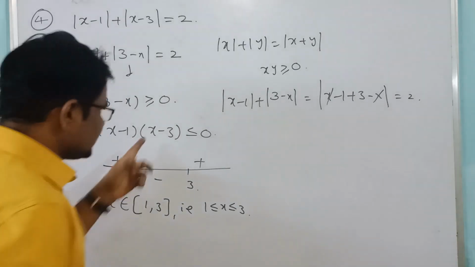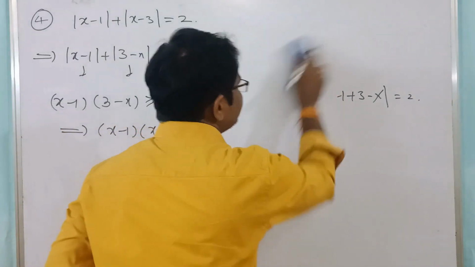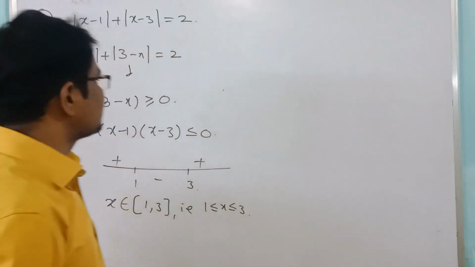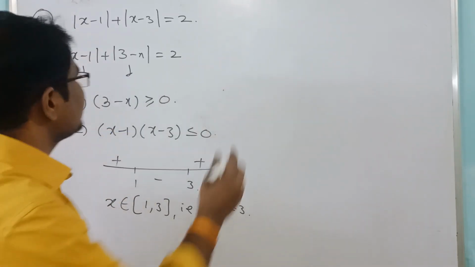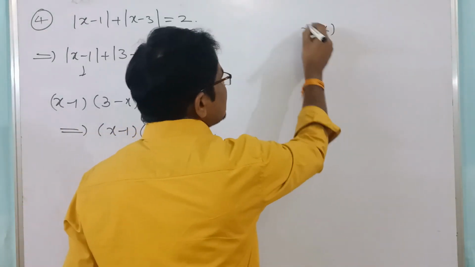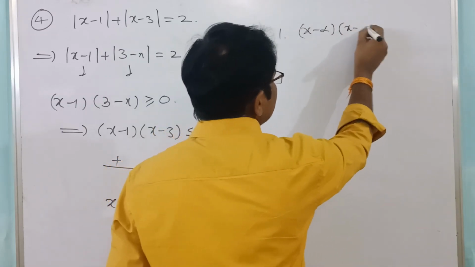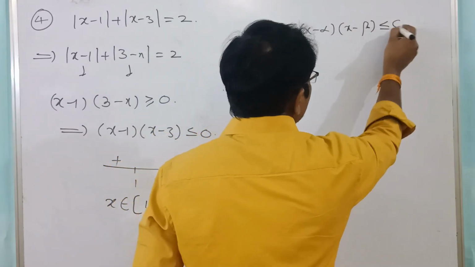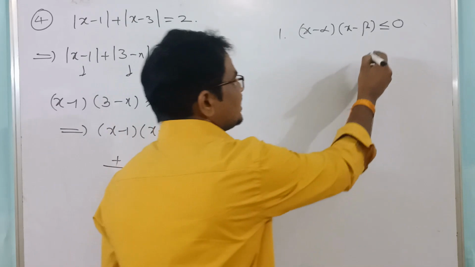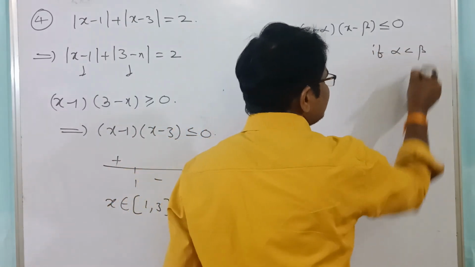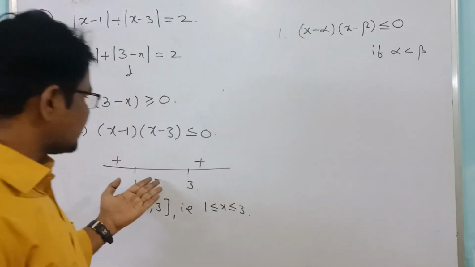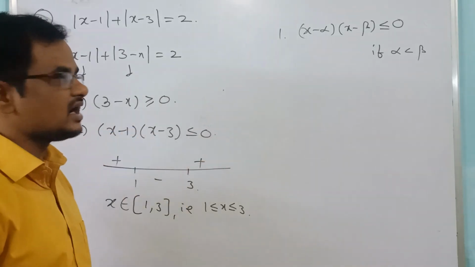Okay, no? Now here I will give some conditions, one or two conditions. Whenever (x minus alpha)(x minus beta) less than or equal to 0, if alpha is less than beta, again and again no need to take a number line, you can directly identify the answer.